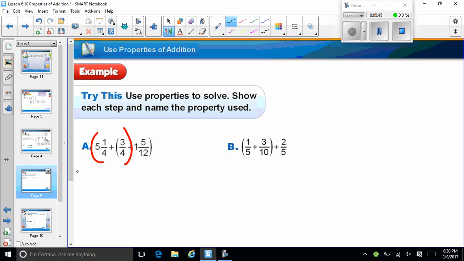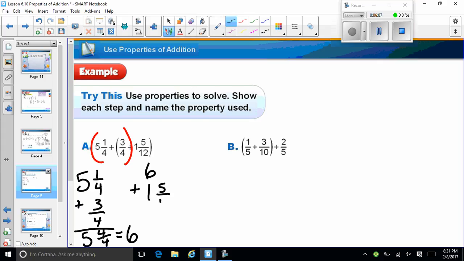This means I can do 5 1/4 plus 3/4 equals 5 4/4, which is equal to 6. I then take this number and set up my second equation: 6 plus 1 5/12. I have no fraction here, so 5/12 stays the same, and 6 plus 1 equals 7. So my first answer for letter A would be 7 5/12.